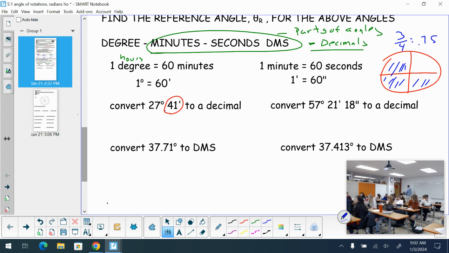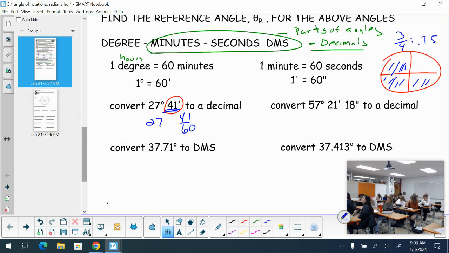When we talk about these minutes, we have 41 minutes. That is a part of the degree. I want to convert that into a decimal now. The part is 41. The entire degree is how many minutes? 60 minutes. So we have 27, and then we have 41 divided by 60.